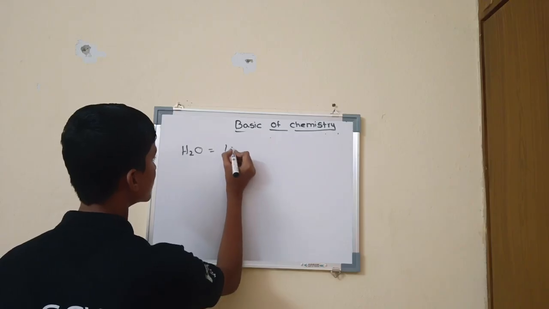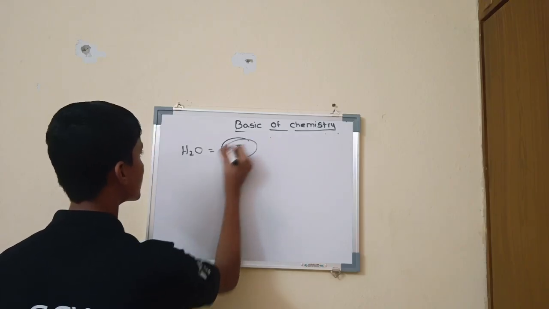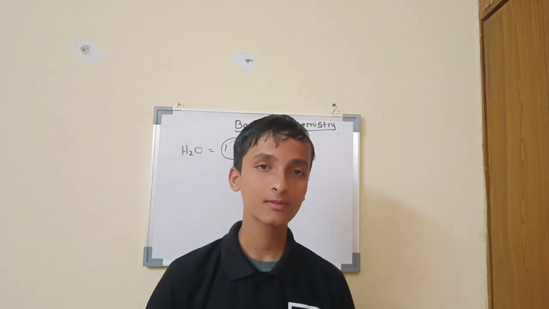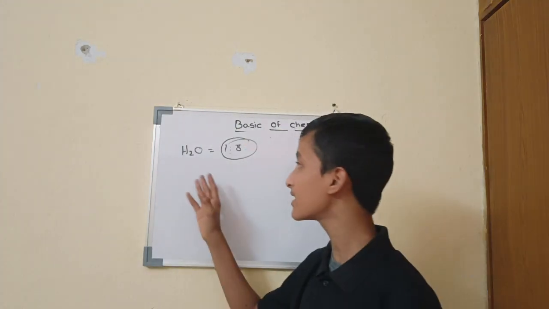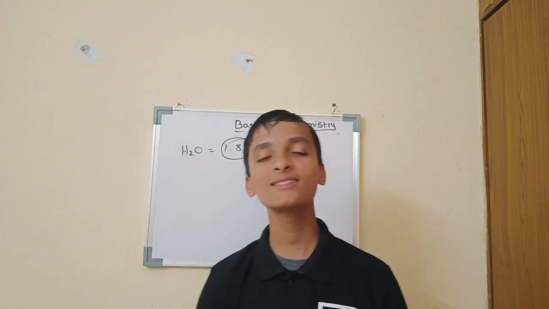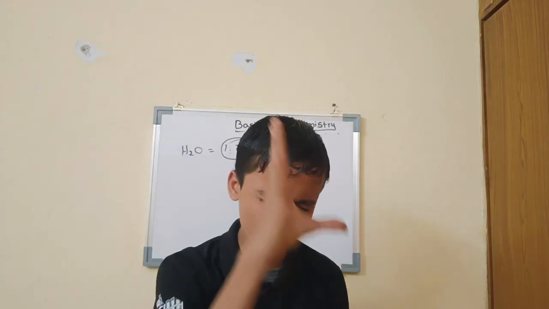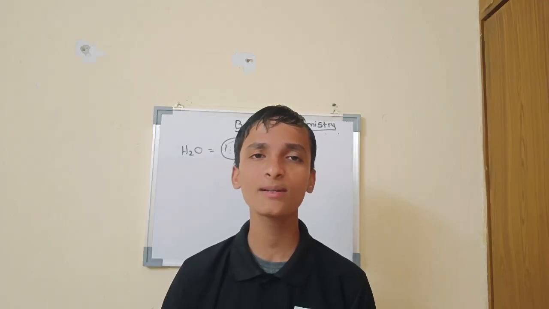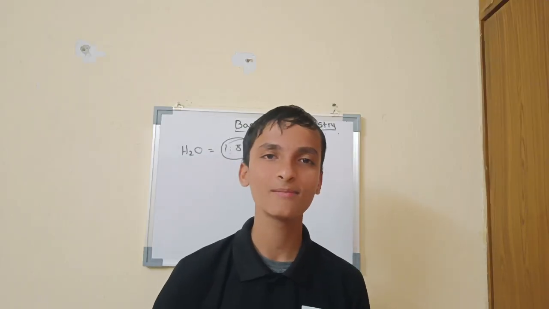So, for writing the fixed ratio of any compound, first we want to read the first 30 elements perfectly with their mass numbers, atomic numbers, and symbols.